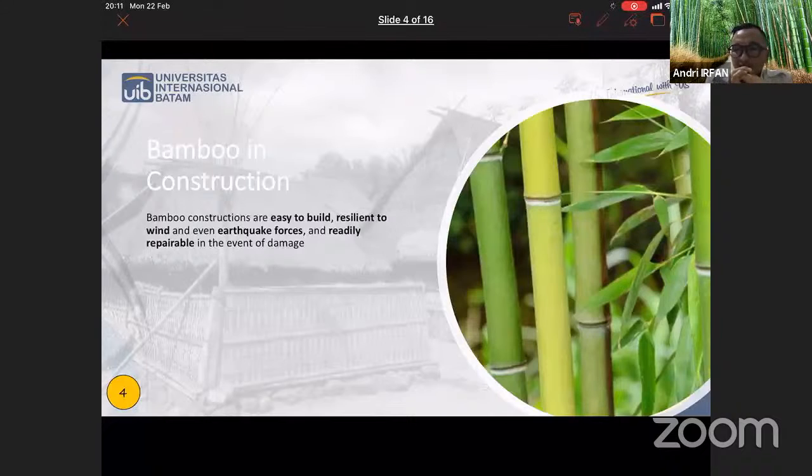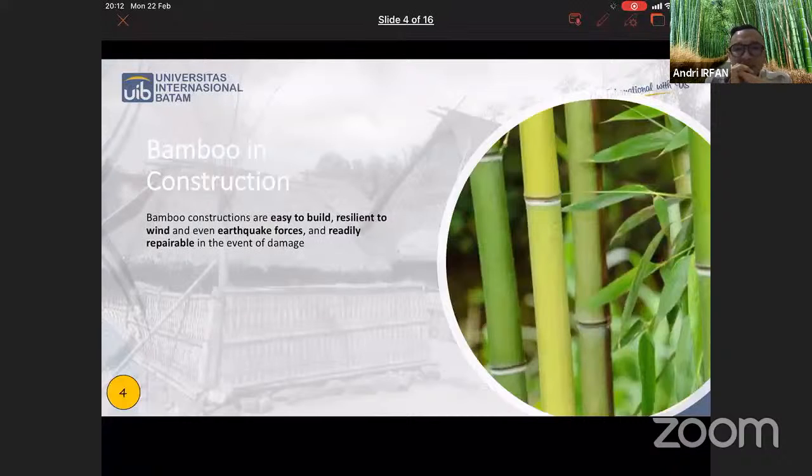To describe bamboo in construction, bamboo is one of the oldest and most versatile building materials with many applications in the field of construction, particularly in developing countries like our country. It is strong and lightweight and can often be used without processing or finishing.